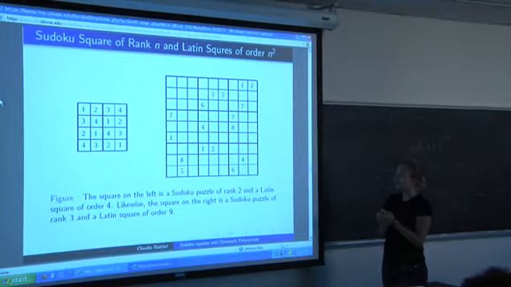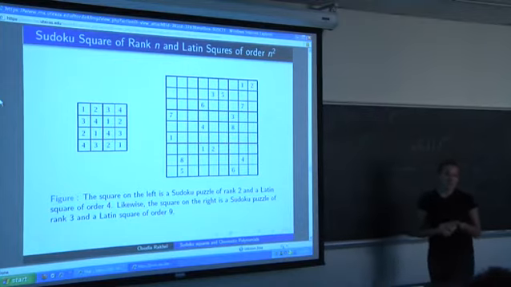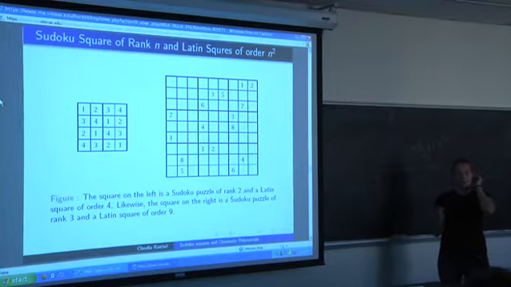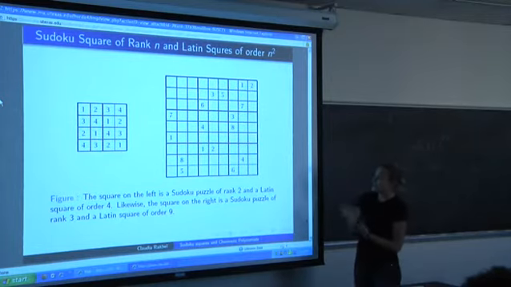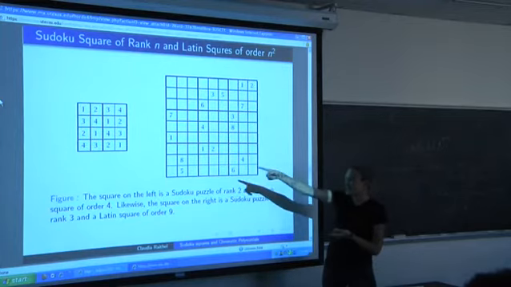A Sudoku square of rank n is just going to have n by n subsquares. So the normal Sudoku squares we look at are of rank 3 because our subsquares have 9 entries. But a Latin square, so that Latin square on the left, is of order 4.